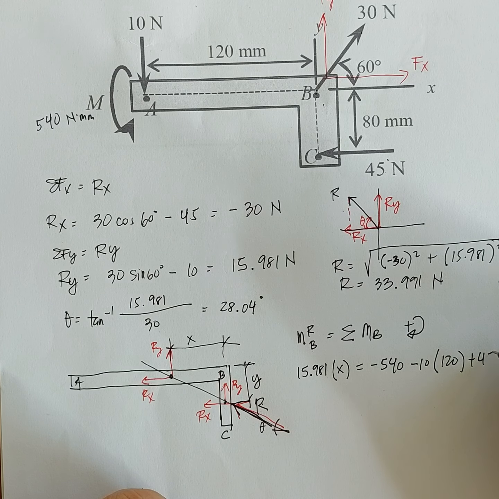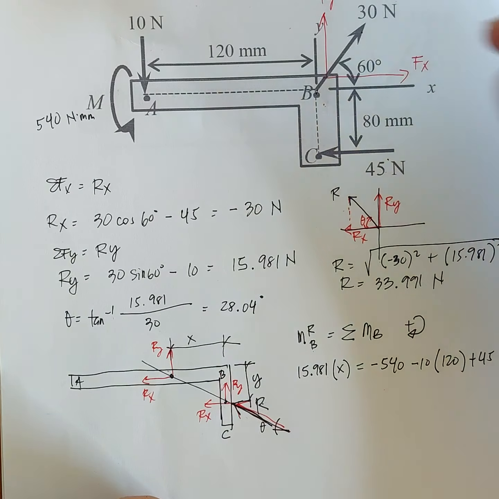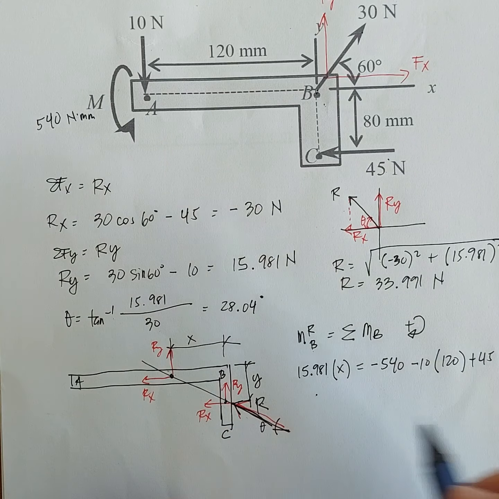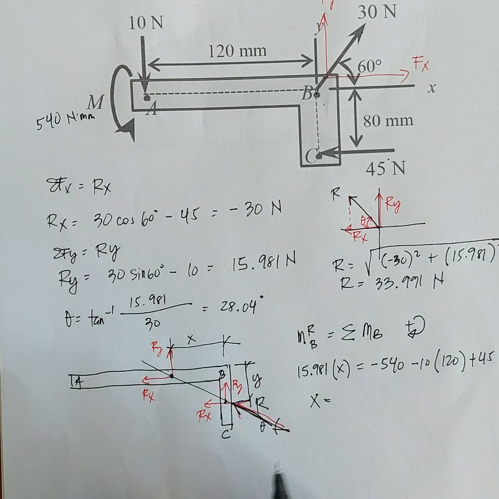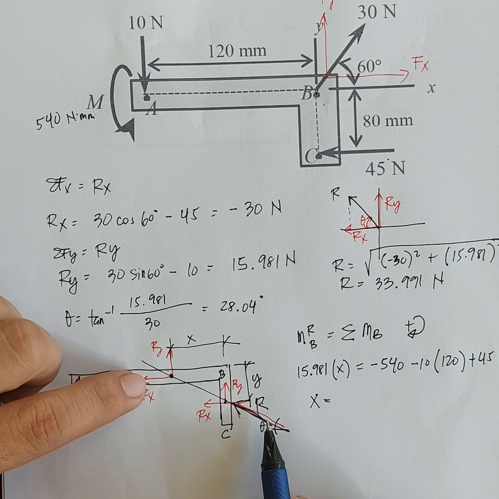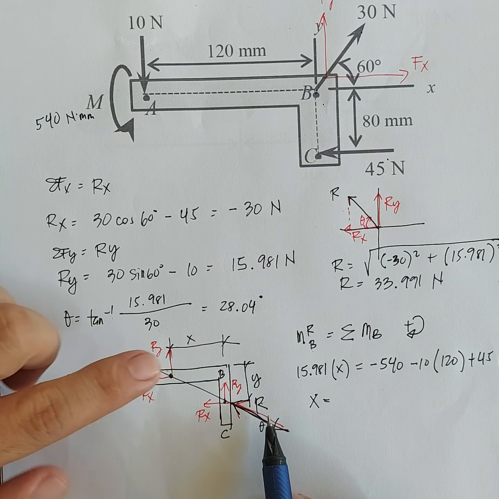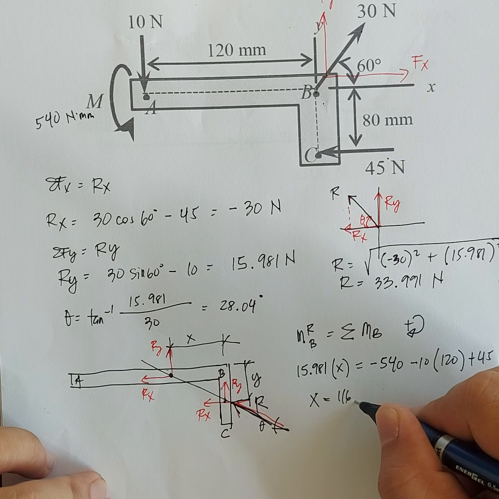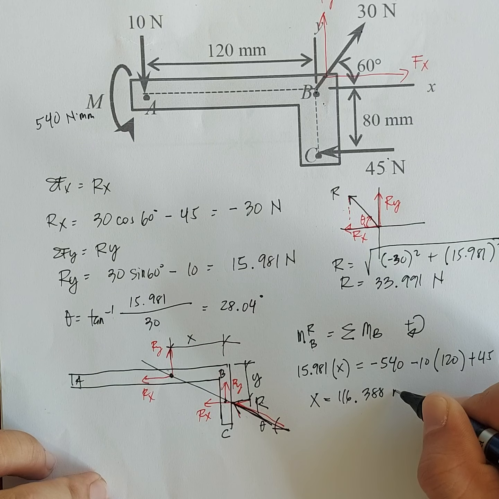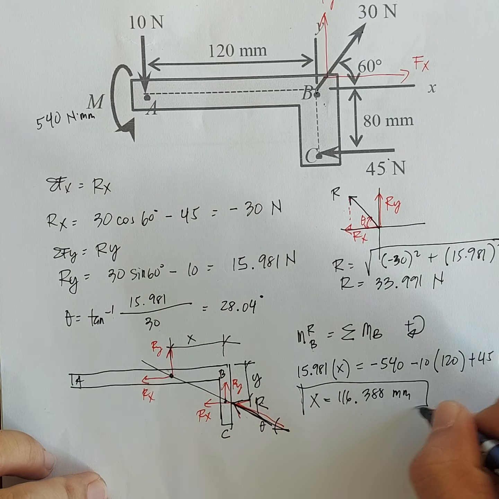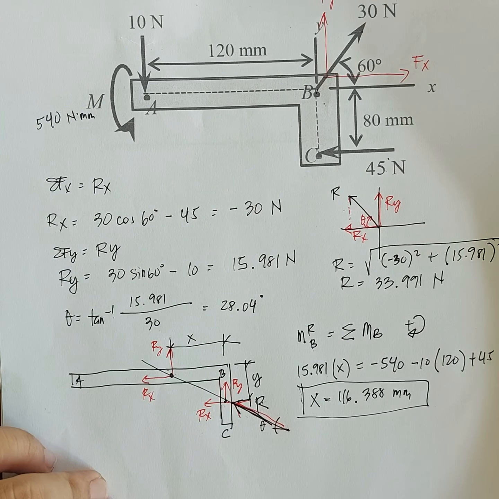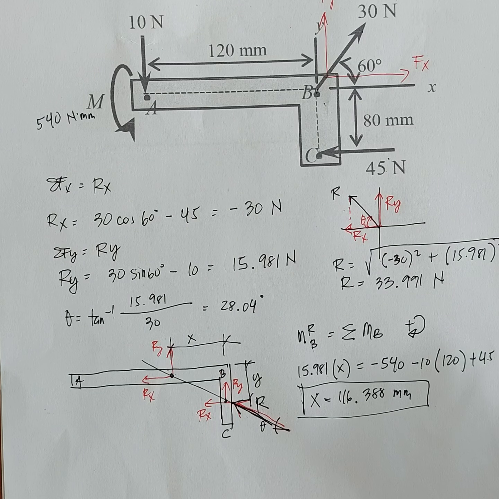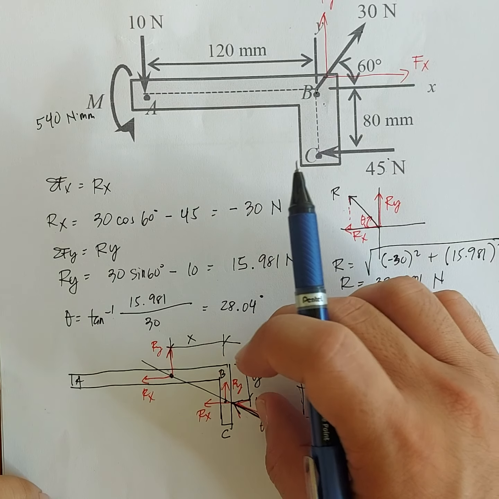So, plus 45 times its moment arm from B is 80. So, from this equation, we can now solve for X, or the intersection between the line of action of R and line AB. So X here is 116.388 millimeters.